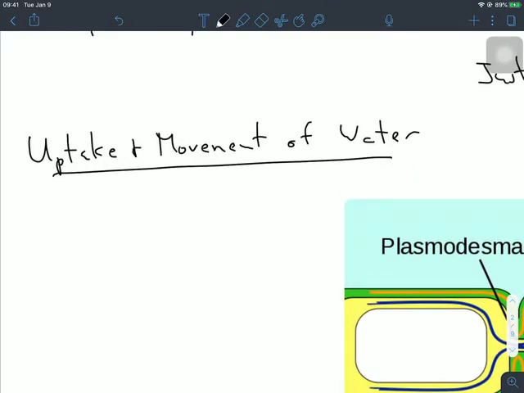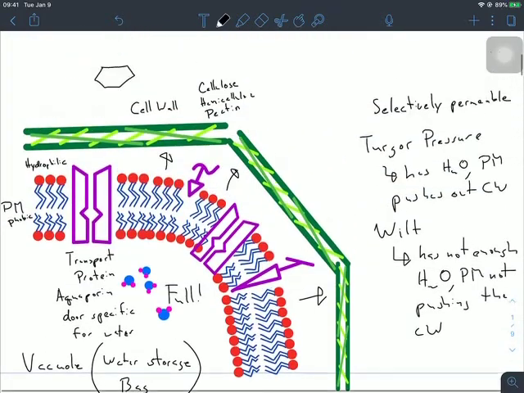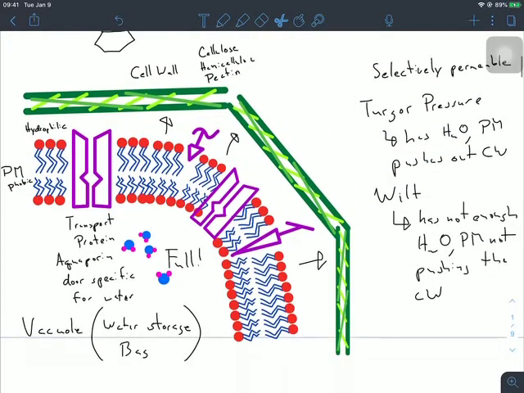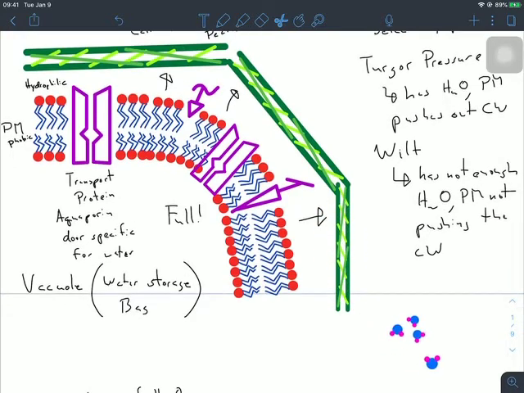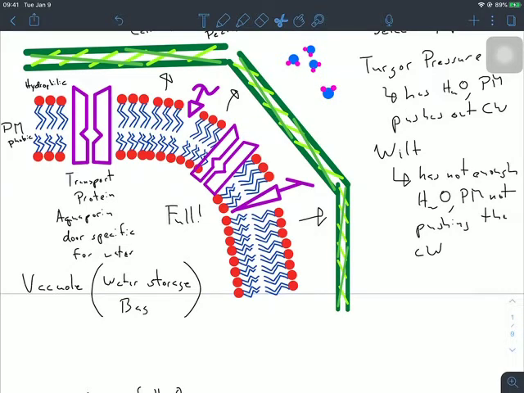When water moves throughout the plant, it can move by contacting only the cell wall. Looking back at our diagram, this means that these water molecules will flow around the cell wall of one cell, find the cell wall of another, find the cell wall of another, and constantly flow through only cell walls.